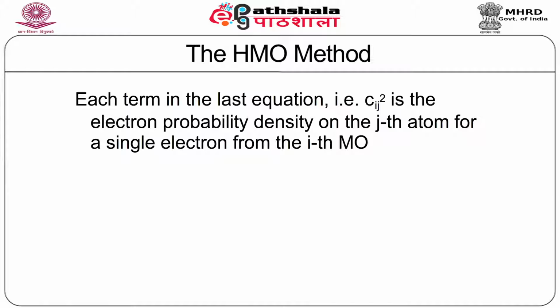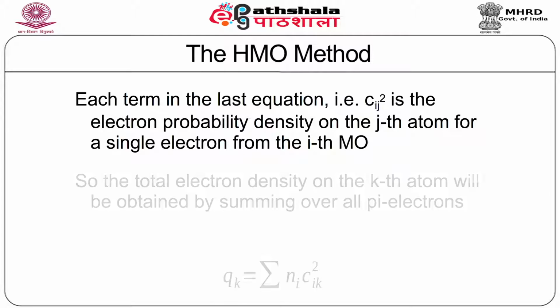Each term in the last equation, that is the Cij square, is the electron probability density on the jth atom for a single electron from the ith molecular orbital.